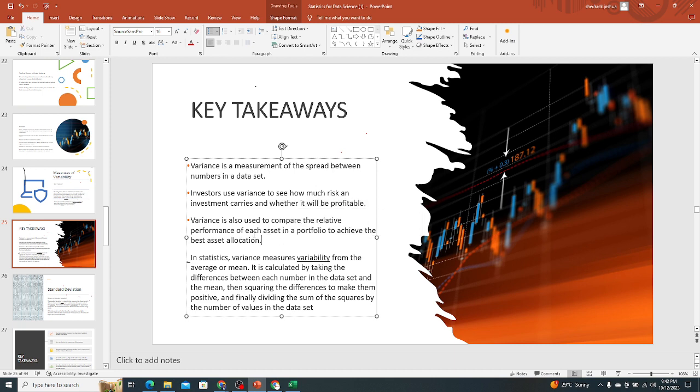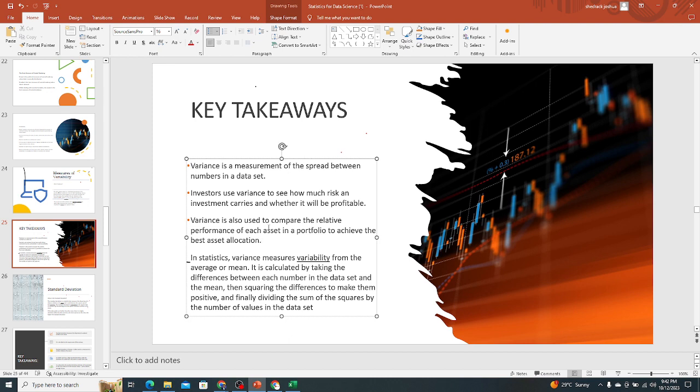For example, if we have different assets in your portfolio, you can compare the variance between a specific well-performing asset and another asset, and do a selection or an asset allocation.